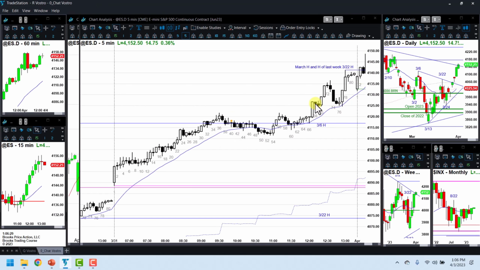So already right there, you can hear Al talking about what happened yesterday in relation to what's happening with the first bar of the day, what that's setting up for today, what's likely to unfold over the next few bars, and what he would do.